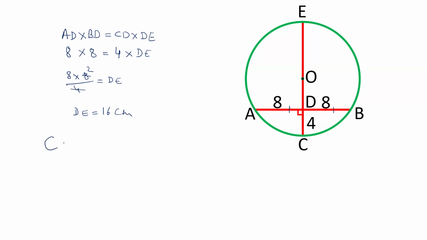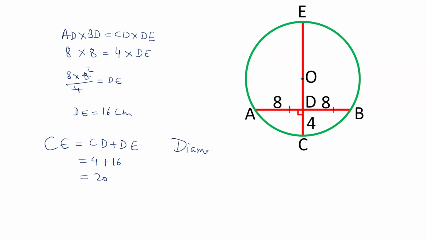Now if I consider the length CE, that will be equal to CD plus DE. CD is 4, DE is 16, so CE is 20. And we can see that CE is passing through the center, so that will be the diameter.